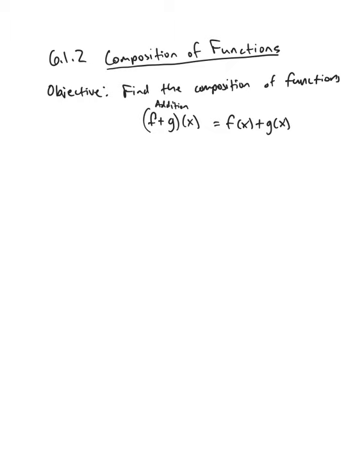So, guys, for composition, there's a couple of different ways we can write a composition. This is just a note on notation, so you understand what it looks like. The way I'm going to write it most today is f of g of x.